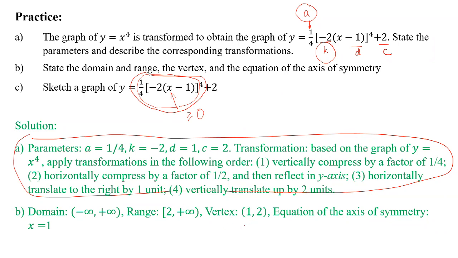Okay, next, the vertex. This time we can use the first method to calculate the vertex. So the original graph looked like this, right? If you want to find the new vertex, you can simply apply the transformations to the original function, also to the vertex.